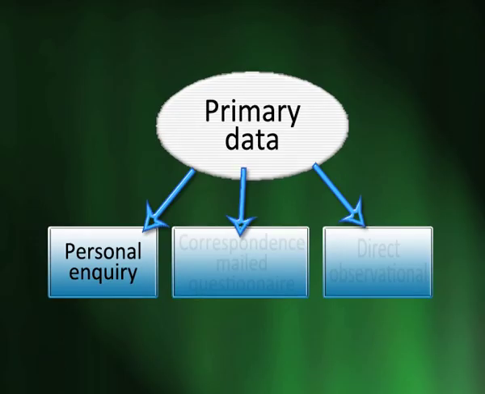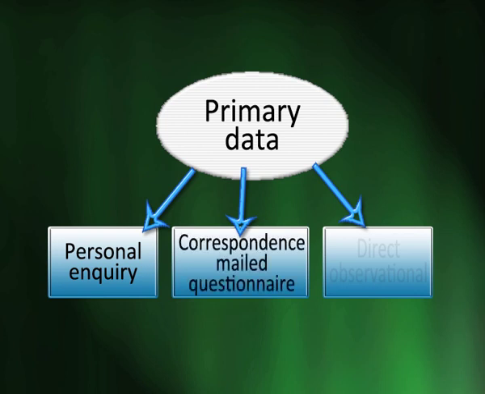The primary data can be collected in three different ways. It can be collected by personal inquiry method, or it can be collected through correspondence, that is the mailed questionnaire method, or it can be collected through direct observational method. In case of the personal inquiry method, a questionnaire is to be prepared, and this questionnaire consists of a number of possible questions based on the objective of the survey.